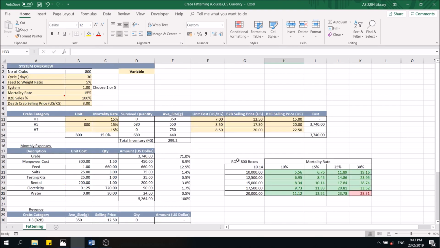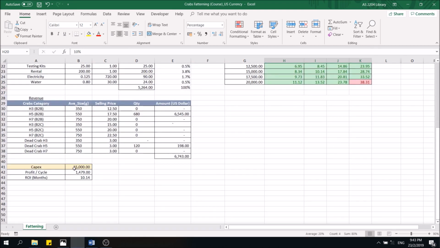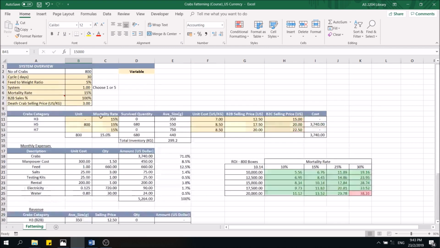Okay, so now I'm going to introduce another table which will show you the sensitivity of different capex and different mortality. Just now you can see with $15,000 capex and mortality rate 15%, it will give you 10.14 months to break even.